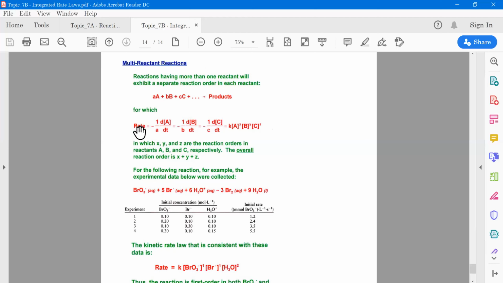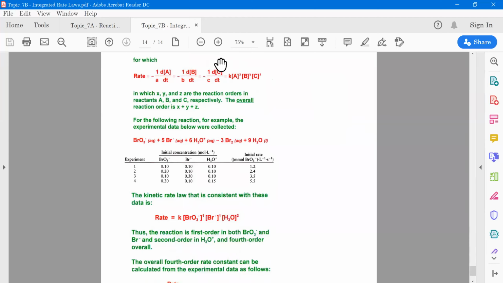And so the reaction rate can be written as any one of the three, and that has to be equal to the rate constant, whatever that may be, times the concentration of A to a power, x in this case, times the concentration of B to a power, y in this case, times the concentration of C to the power z. And so x, y, and z are the reaction orders in the reactants A, B, and C, respectively. And the overall reaction order is simply the sum of all three reaction orders.